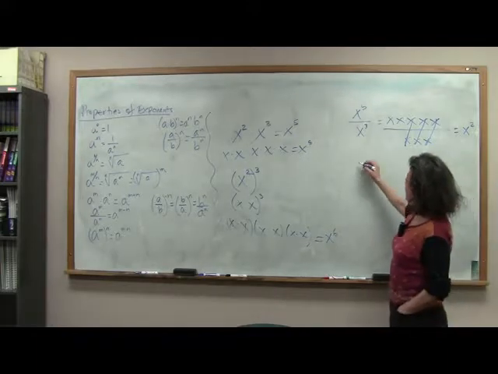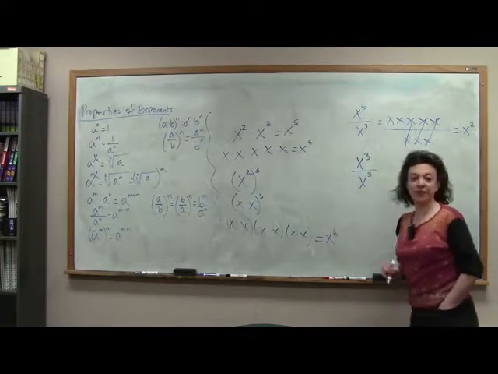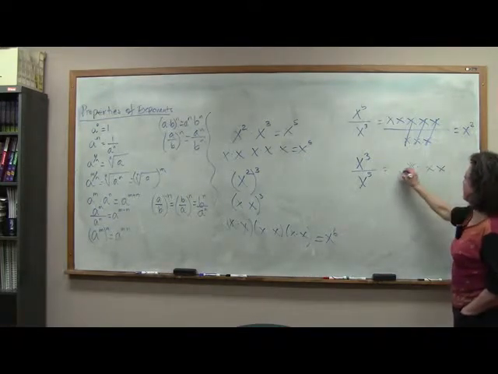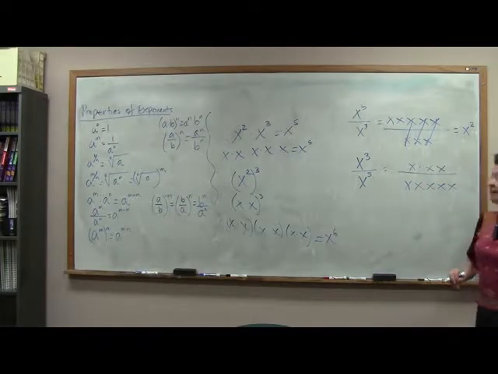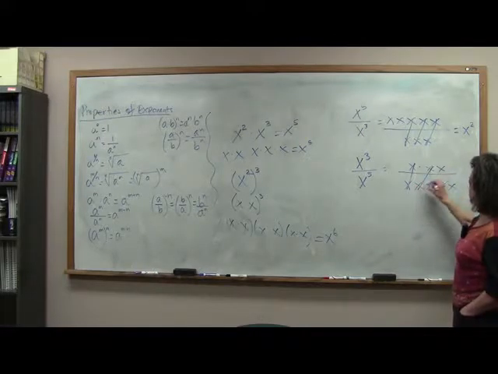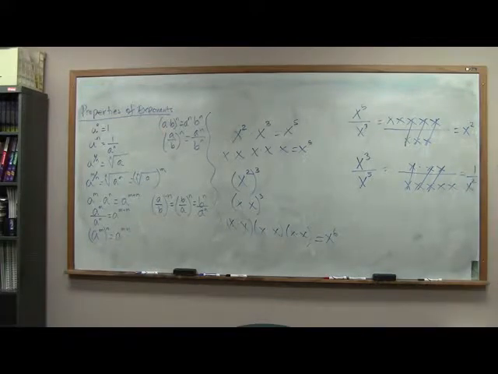Now, on the other hand, what if I have x cubed over x to the fifth? Well, that looks very similar, but now I have 3 x's in my numerator and 5 x's in my denominator. 1, 2, 3. So I've got a 1 and I've got an x squared here. Okay?